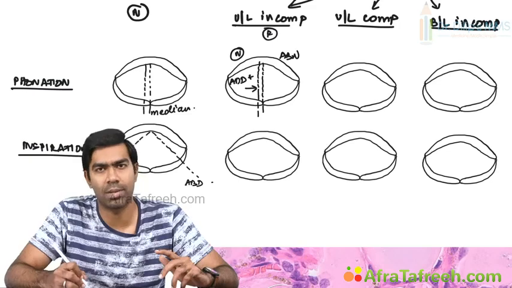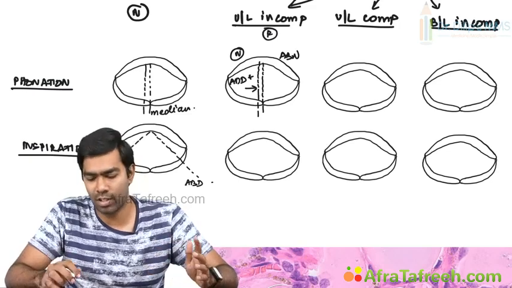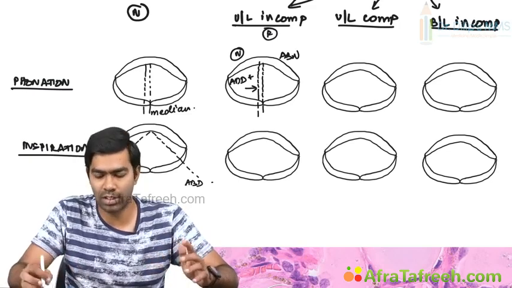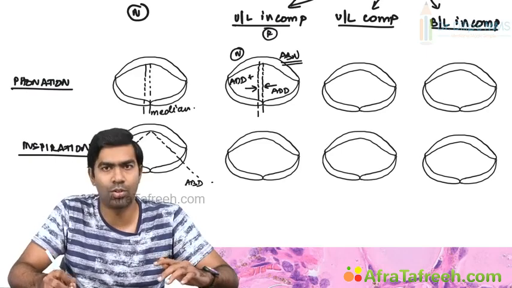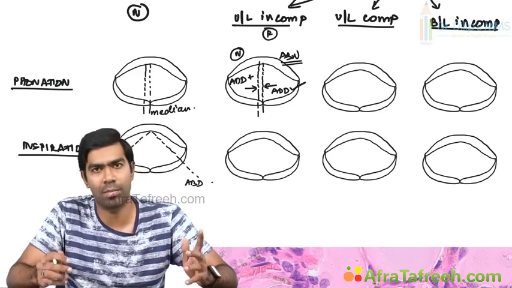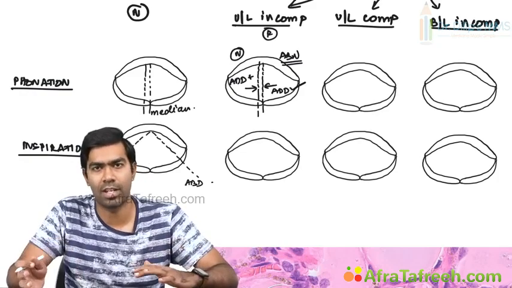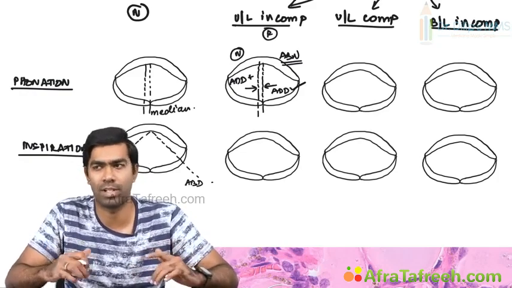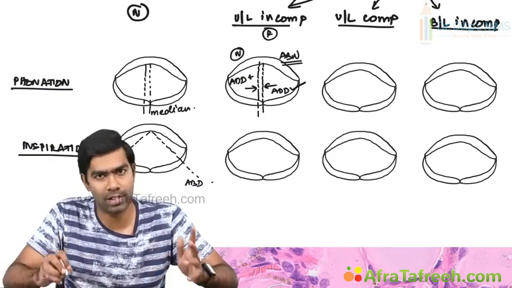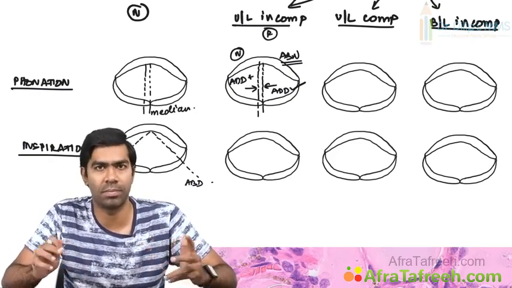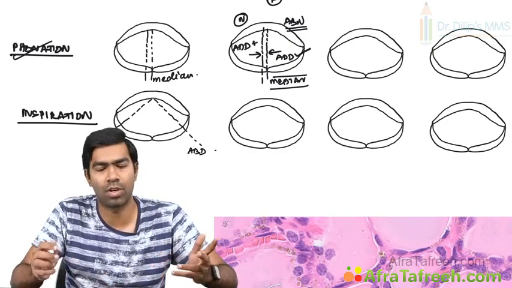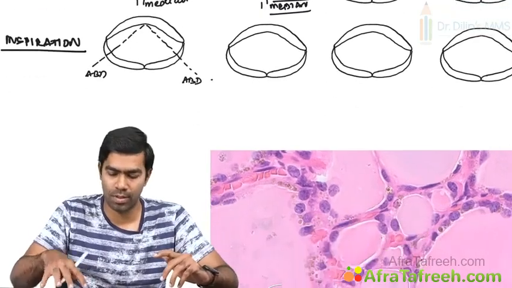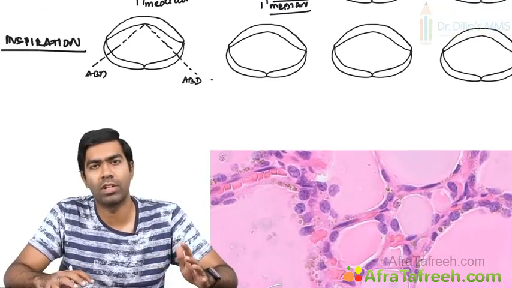Similarly, on the abnormal side, that is the right side, adduction is also possible because the adductors are still intact, and the abductors are the ones that will be weaker in patients with incomplete recurrent laryngeal palsy, as I told you some time back. So they can still adduct and the cords may look to be in the median position. Even on the abnormal side during phonation, the vocal fold will be in the median position. But what will happen during inspiration?